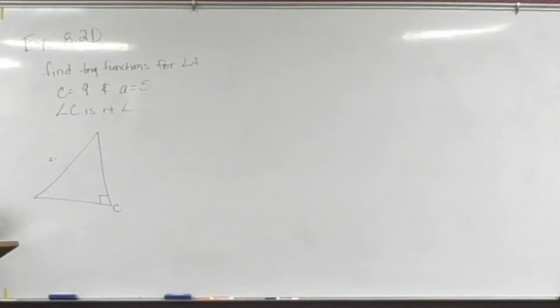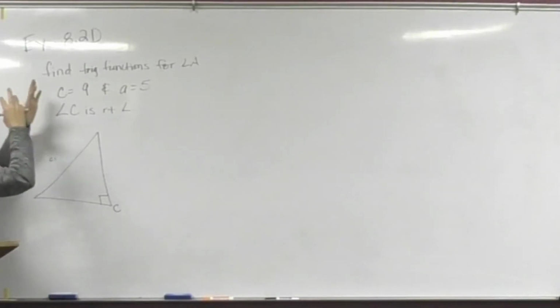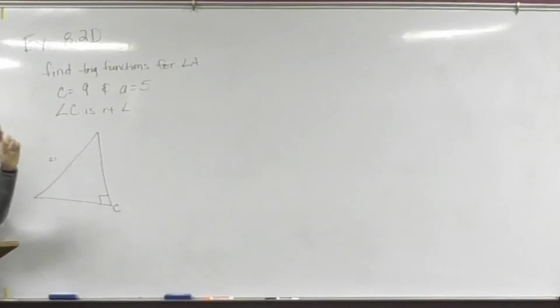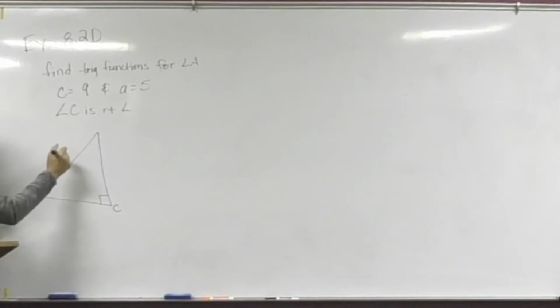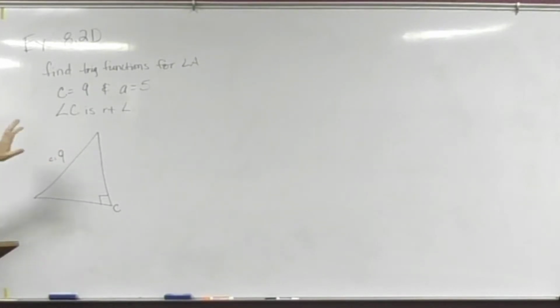So now at this point, let's see what information we've been given that we can plug into this. C equals 9, so that's this guy right here. That's going to be the hypotenuse, so he properly goes right here. And I know that A equals 5.